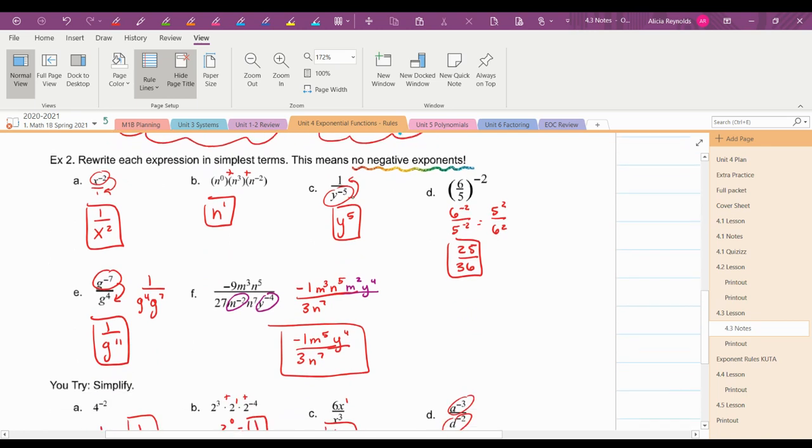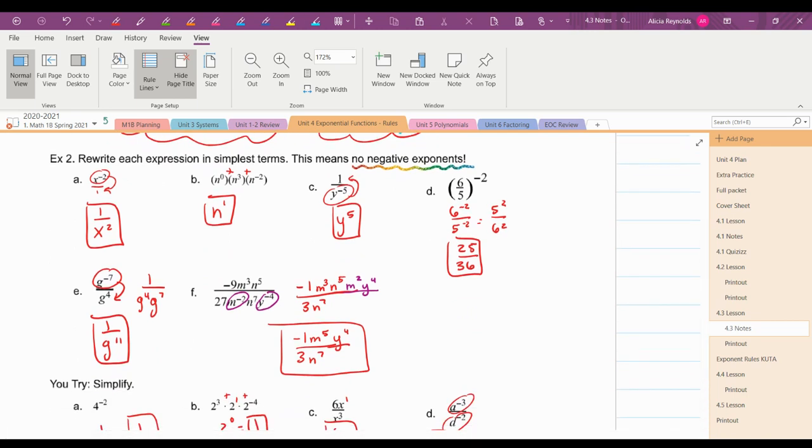The way we like to think of this is, if I have a negative exponent, I need to move it across city lines. Our city line is going to be our fraction bar. We're going to move them across city lines to a better neighborhood. So that's the way we're going to think of this.